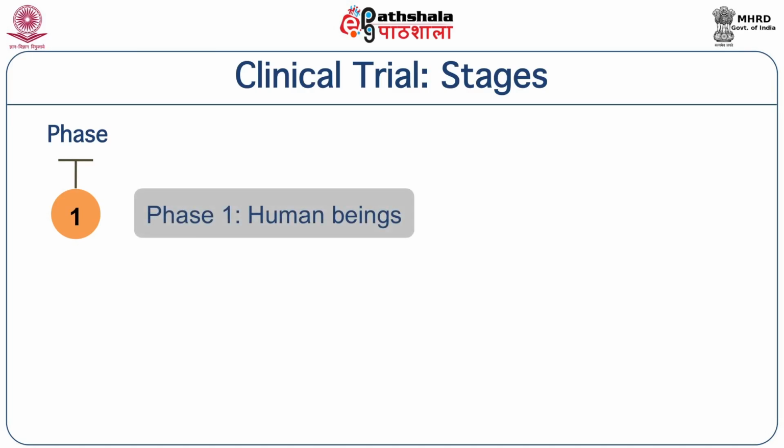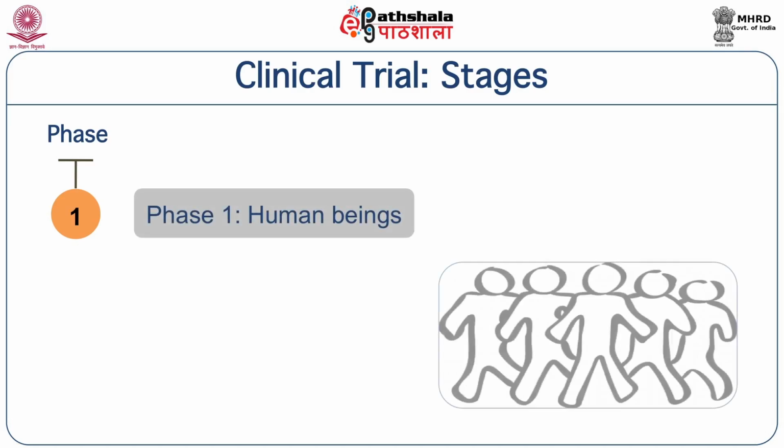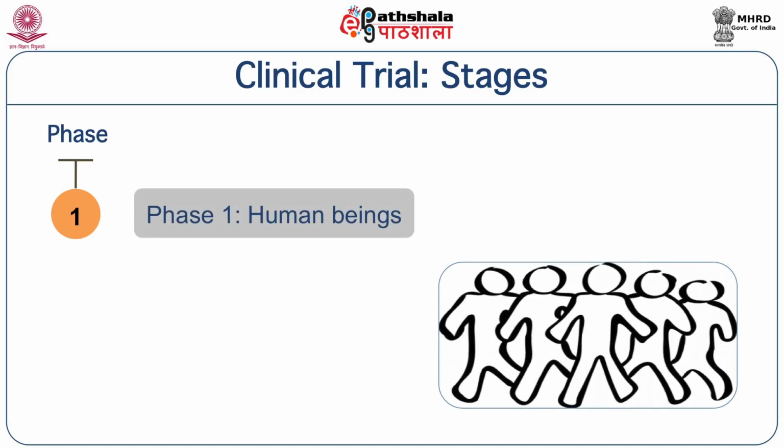Primarily, it is tested on healthy volunteers, except in the case of HIV/AIDS and oncology, where terminal cases are recruited. Otherwise, it is generally only for healthy volunteers. What do they do in these phase 1 trials?